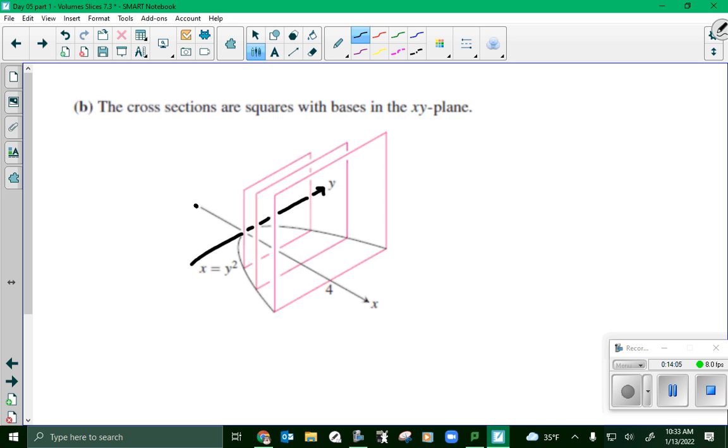On this set of axes is the graph, y equals x, x equals y squared. So it comes around like this, hits the top, and comes back. The cross sections, the image that goes from here to here, are squares.